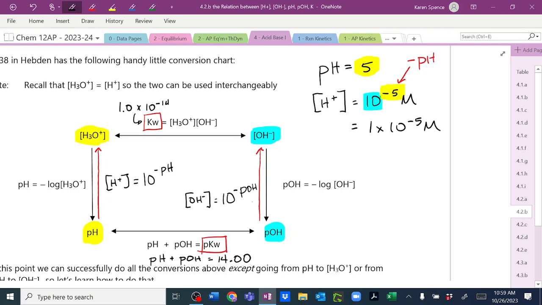So you can either just use 10 to the whatever, or you can call it antilog. So 10 to the x is antilog of x. That's what the function is called, but it's easier to write it as 10 to the x, okay? So I don't tend to write hydrogen is equal to antilog of negative pH, but you could. I tend to write hydrogen is equal to 10 to the negative pH.